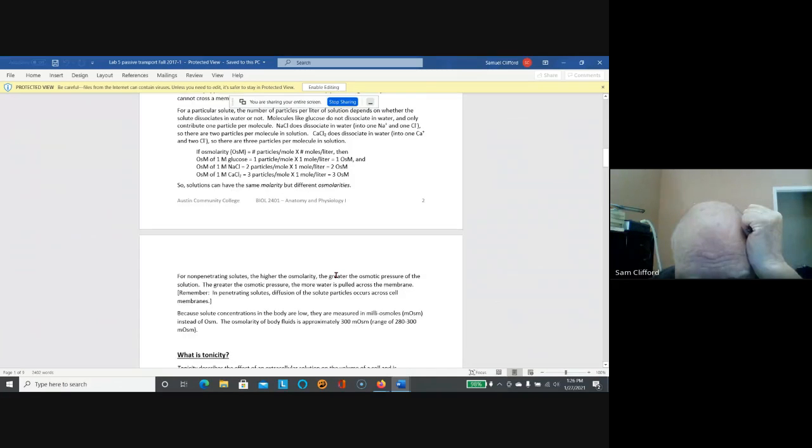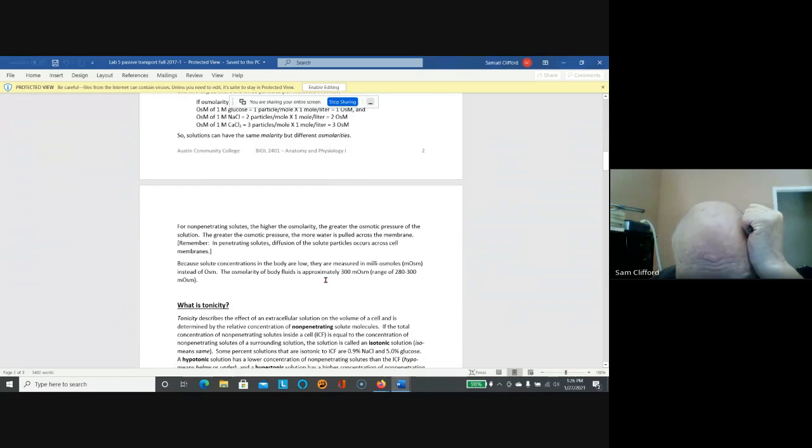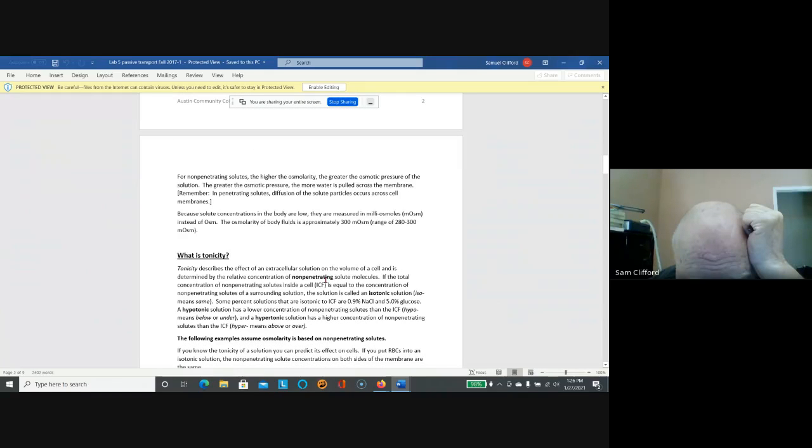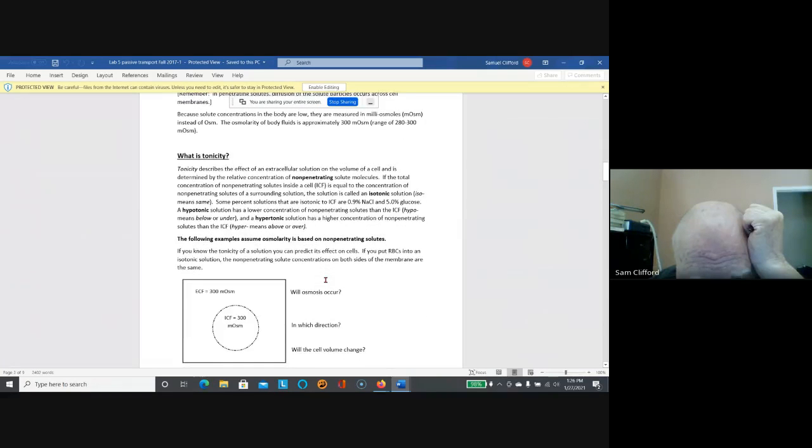Okay? Non-penetrating solutes, the higher the osmolarity, the greater the osmotic pressure. Okay? Let's look at a diagram now. Make sure you read through all this other stuff.